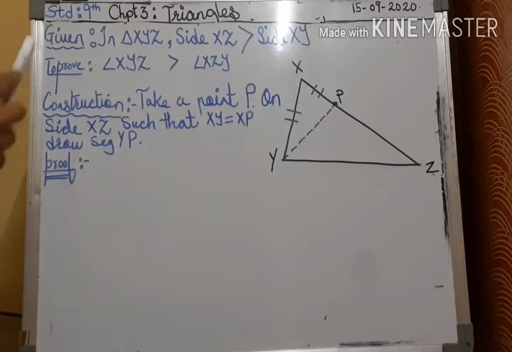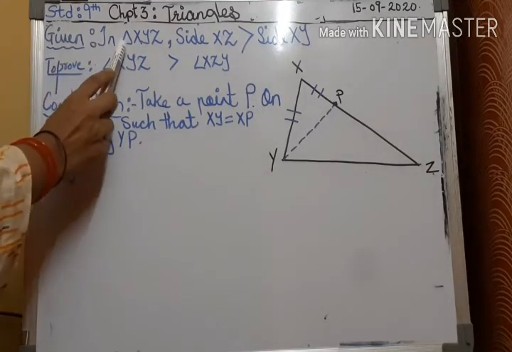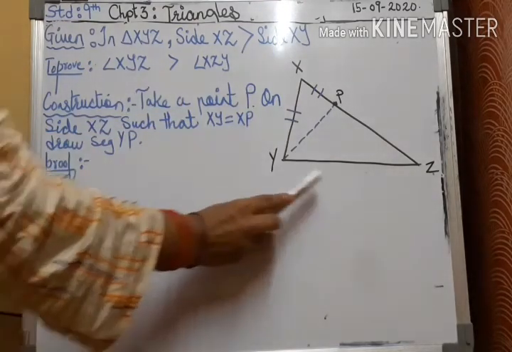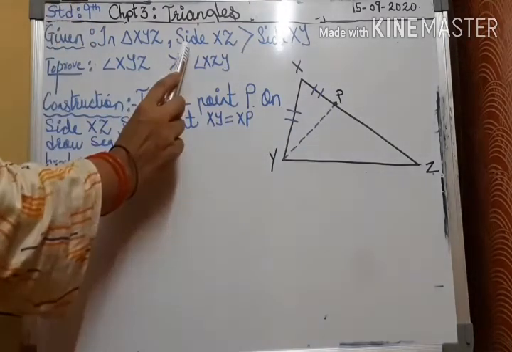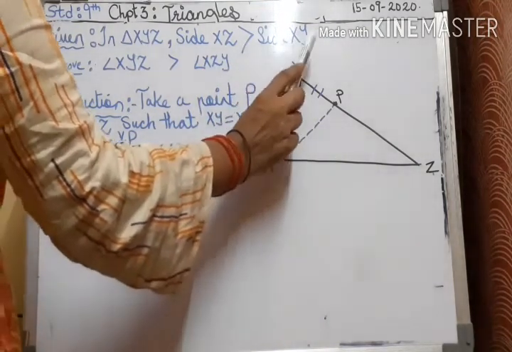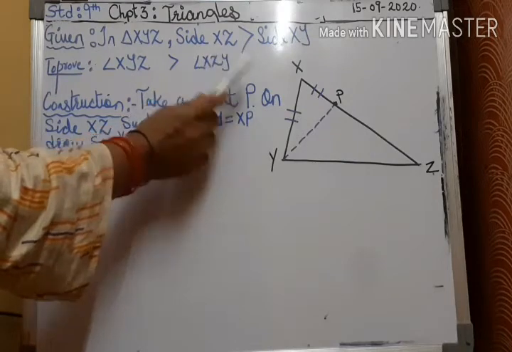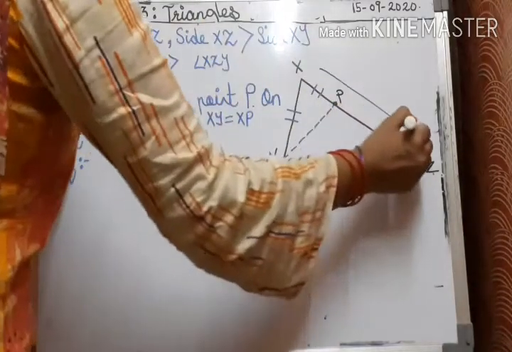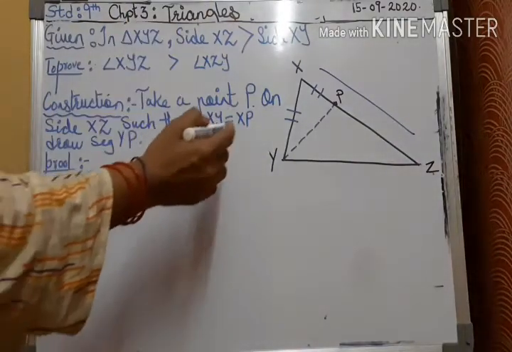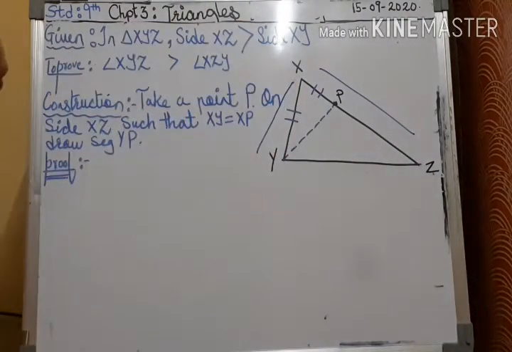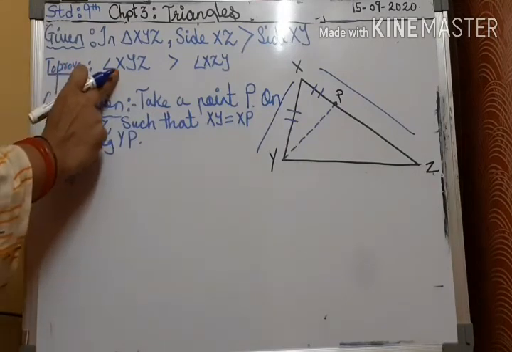See here, given in triangle XYZ, side XZ is greater than side XY. This side is greater than XY, this side. To prove, what we want to prove?